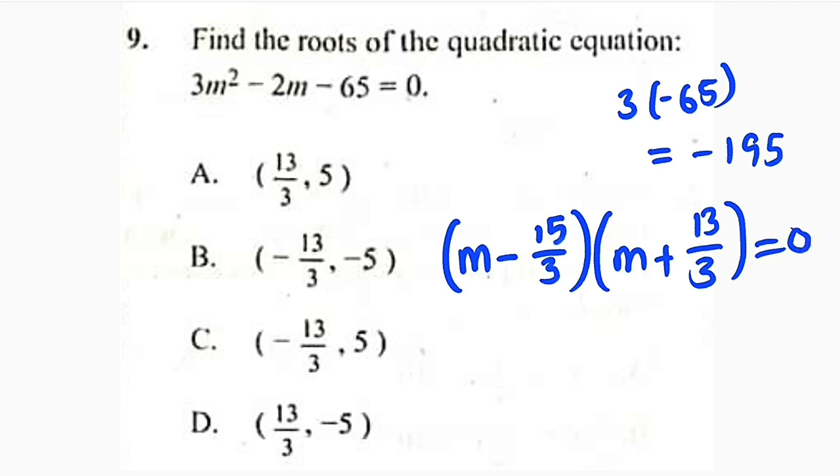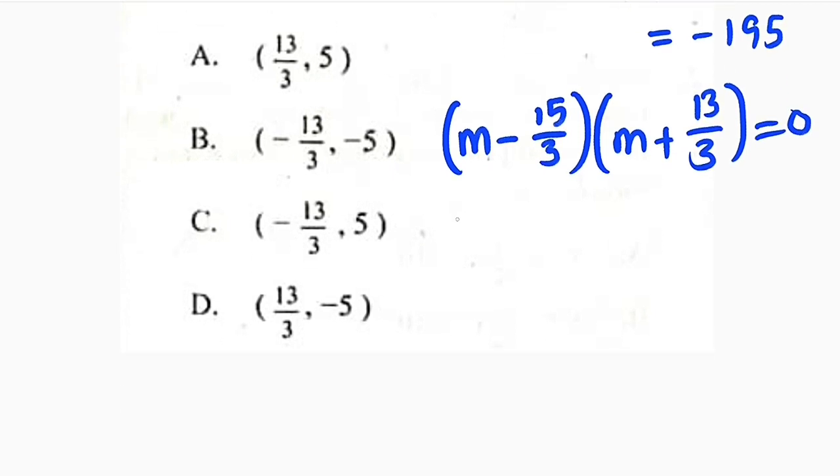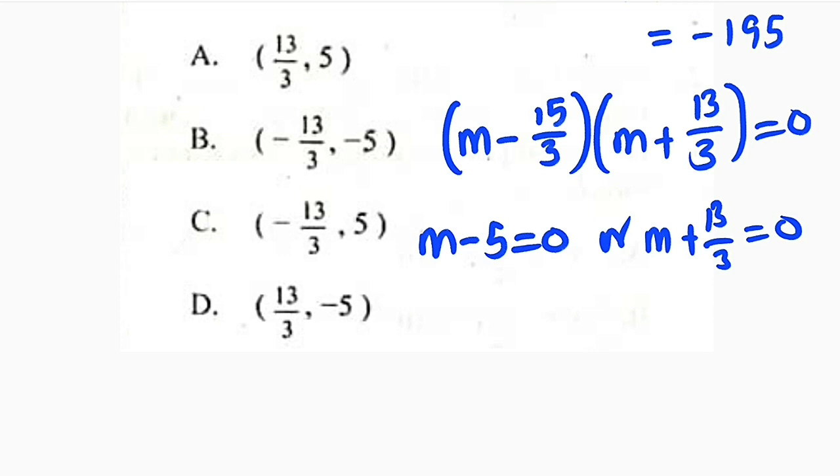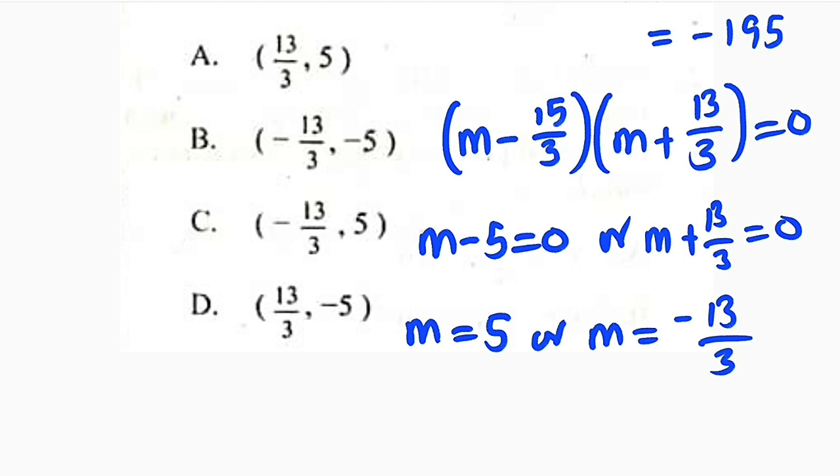You set the whole of this equal to 0, which implies that either m minus 5, right, equal to 0, because 15 divided by 3 is 5, or (m plus 13) divided by 3 equal to 0. So m here could either be positive 5, or m equal to negative 13 divided by 3 if positive 13 divided by 3 crosses over. So where is the right answer?